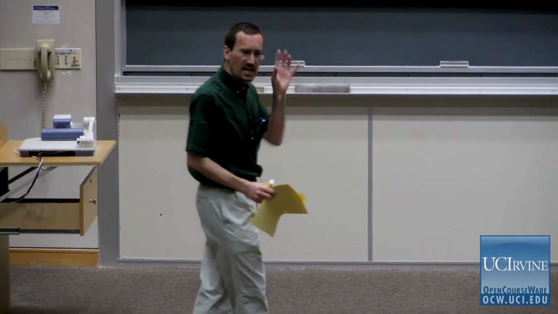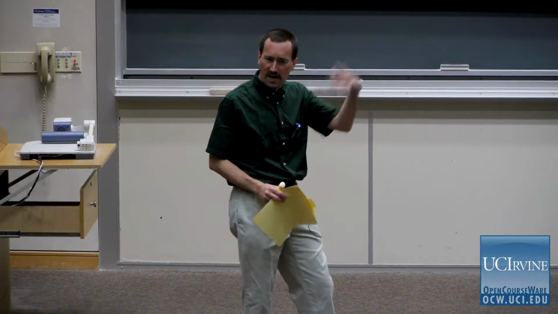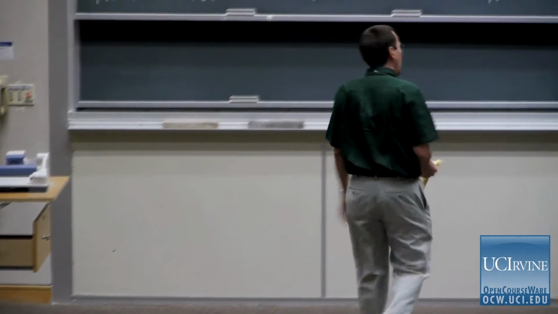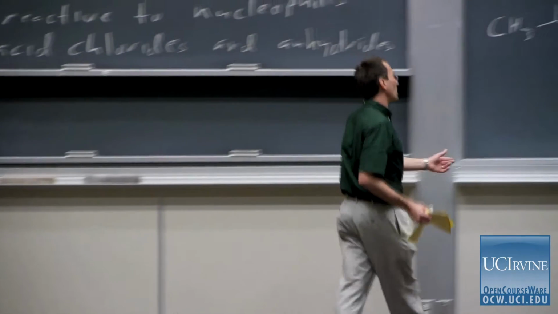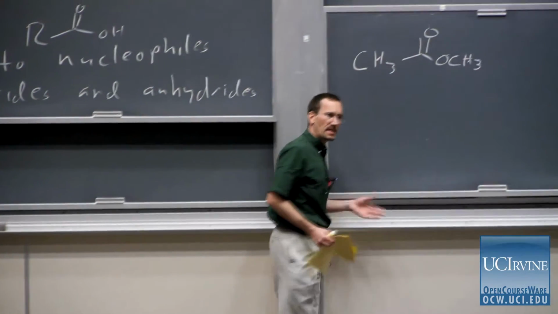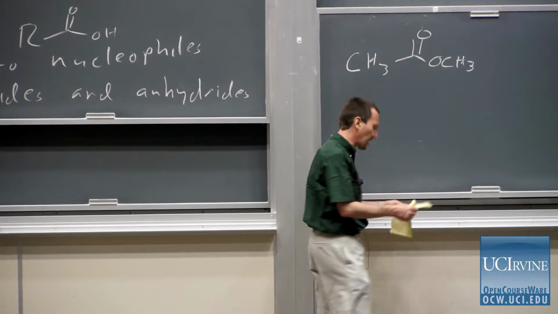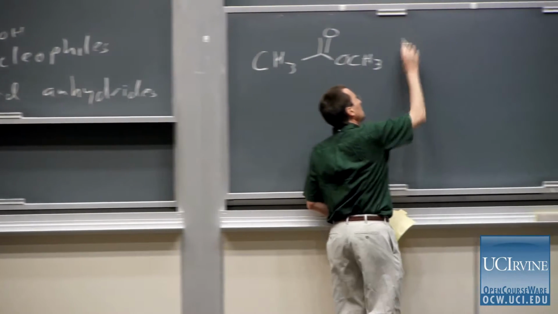And the reason I say typical ester is formates are a little different. Formic acid, although it's a carboxylic acid, is a little more reactive. But acetates and propionates and various other acids, all are kind of the same. And let's take ammonia.